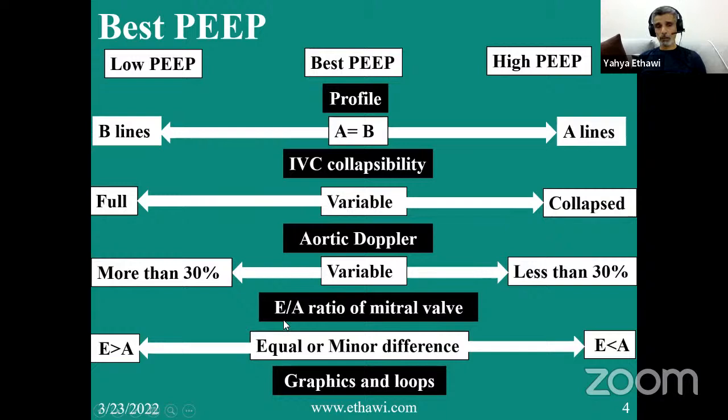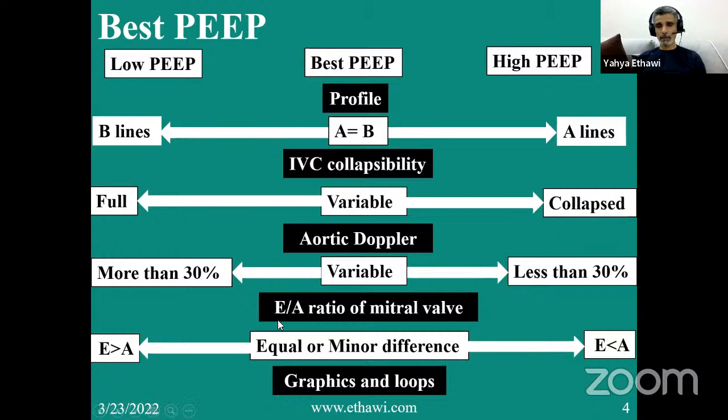Then you can do the E/A ratio at the mitral Doppler, where E represents the passive filling of the ventricle, and A represents the atrial contraction, or active filling, of the left ventricle.